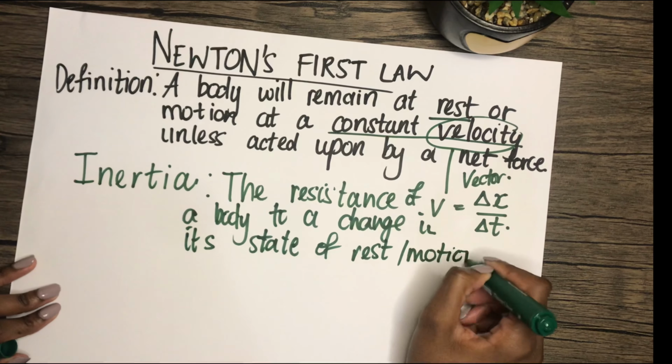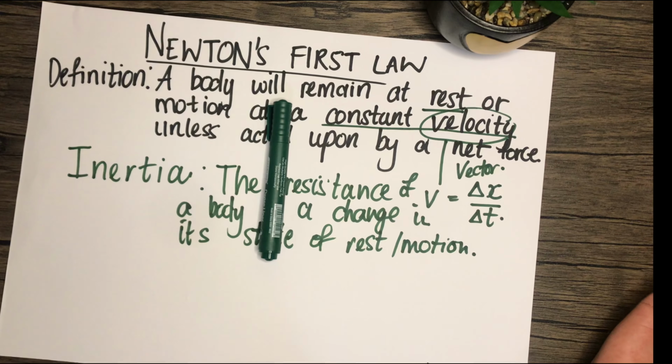So it means, for instance, when I have an object moving at a constant velocity, this one we usually speak about if you're in a car moving at a certain constant speed. Initially you start the car and then you accelerate. Let's say you get on a highway and you're moving at a certain constant velocity.